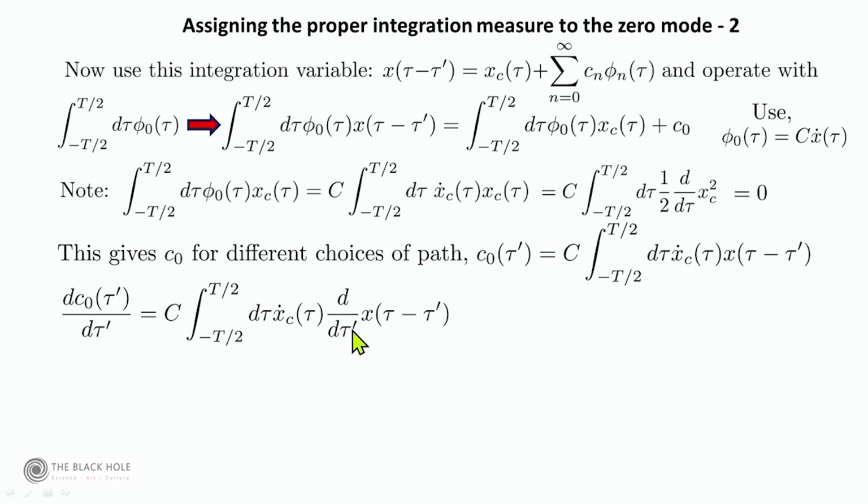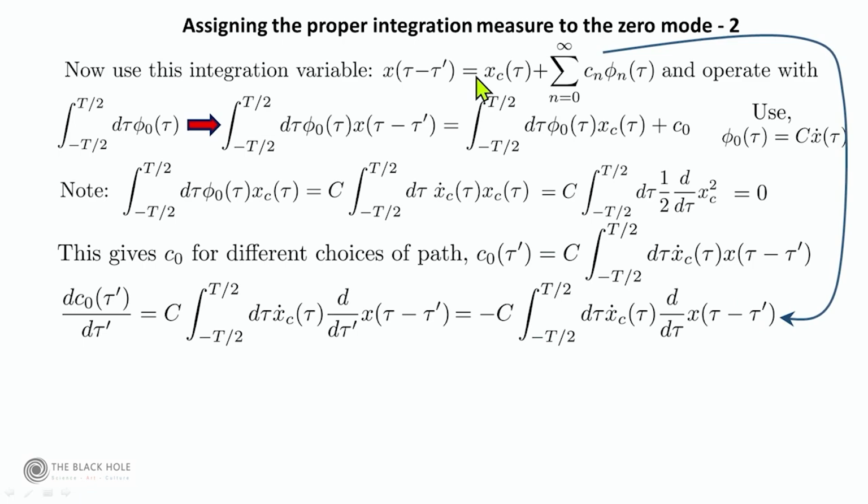So I have to differentiate with respect to tau prime, x of tau minus tau prime. But look, this depends on tau minus tau prime, which means that I can make this d by d tau prime into d by d tau with a minus sign. And that minus sign comes out over here. So I have this integral before you. And now I will look at what's over here and just stick this here.